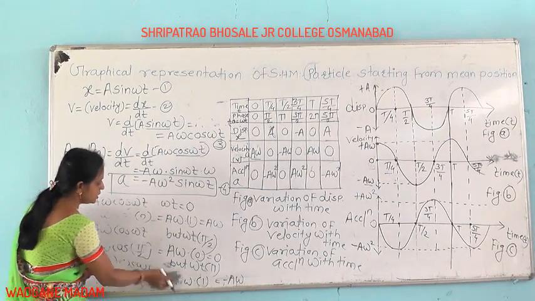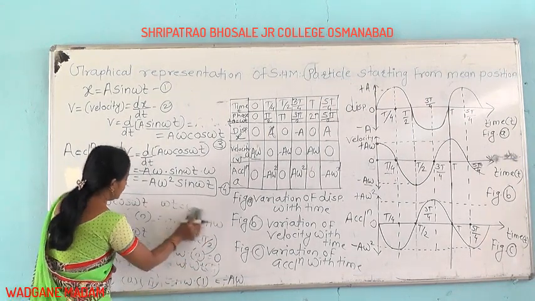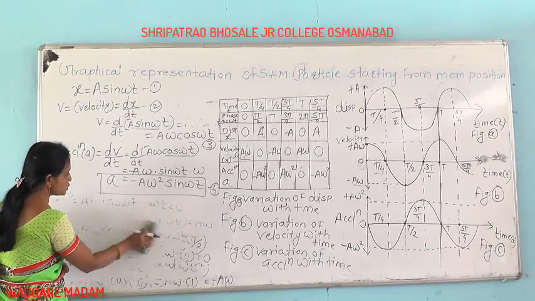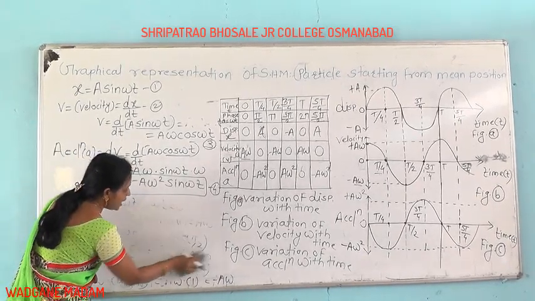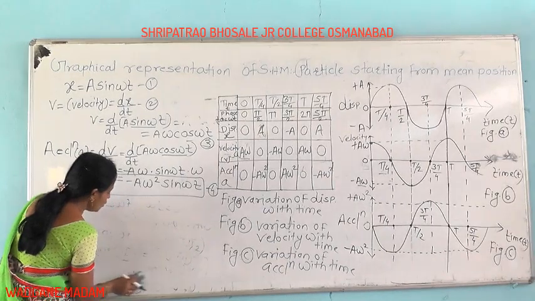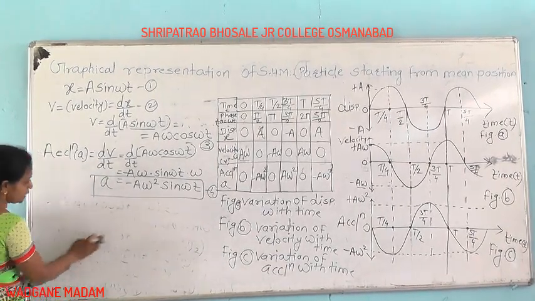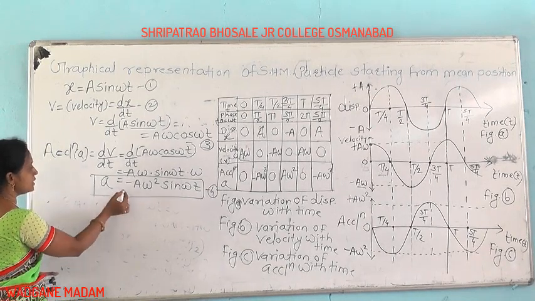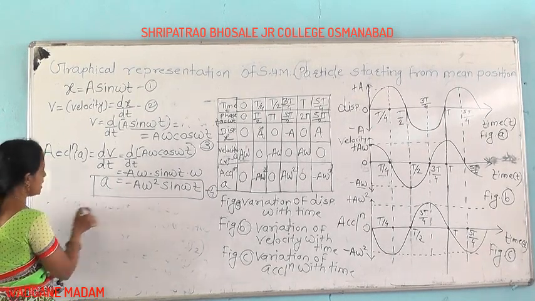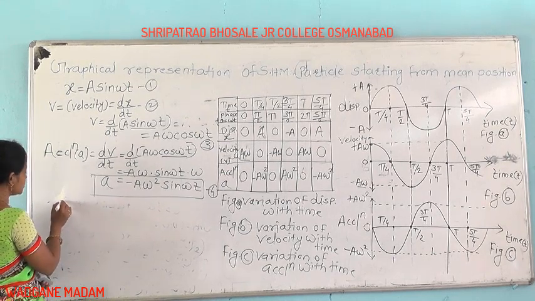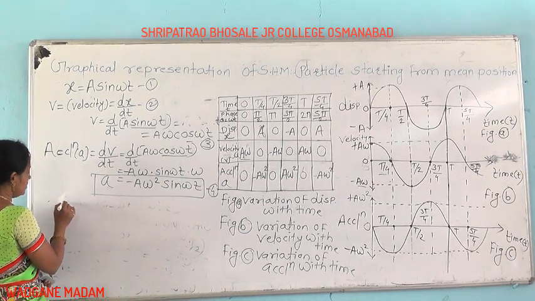Therefore, acceleration, we know its value is minus a omega square sin omega t. By putting the value of phase, we know that expression, a is equal to minus a omega square sin omega t.